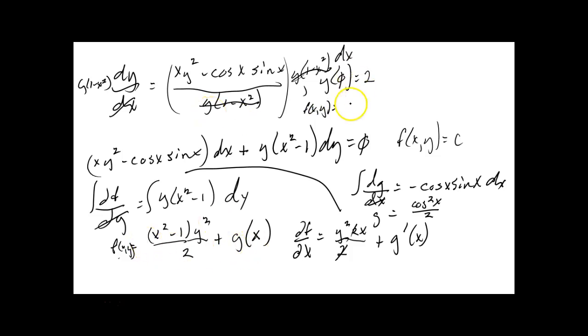There it is, x squared minus 1 times y squared over 2, plus your g of x, which was cosine squared x over 2. Okay? And this is equal to some constant c.